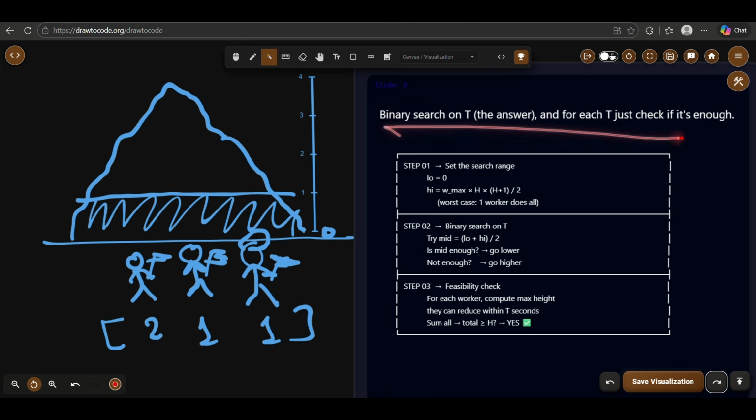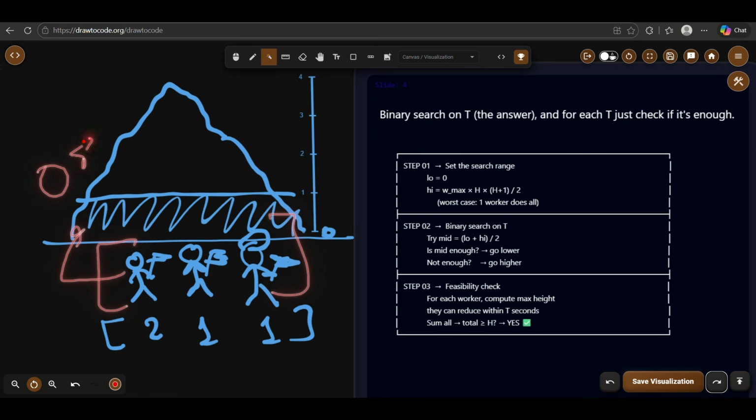So here is the algorithm, how we can check that. First, the minimum time which is possible for a worker to chop this mountain is 0 seconds. Let's say in 0 seconds we chop the whole mountain. And the highest is, if we give all the tasks to one worker to chop this mountain, then it will be the maximum time required to chop this mountain, which is here 2 seconds.